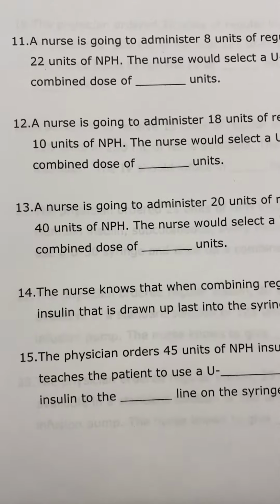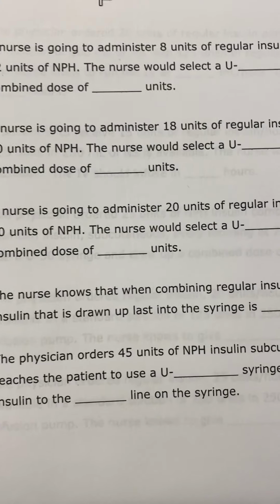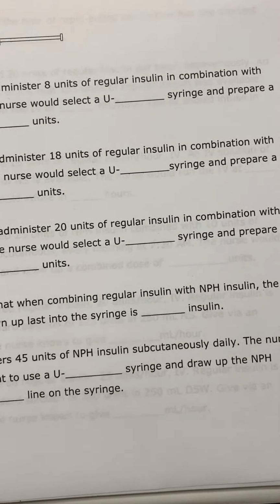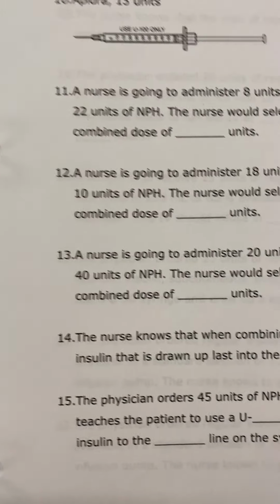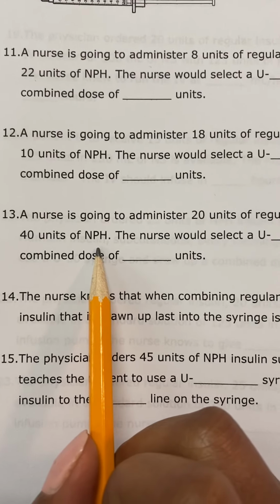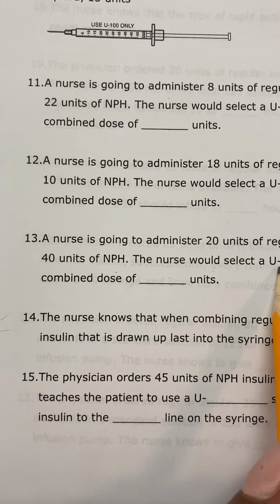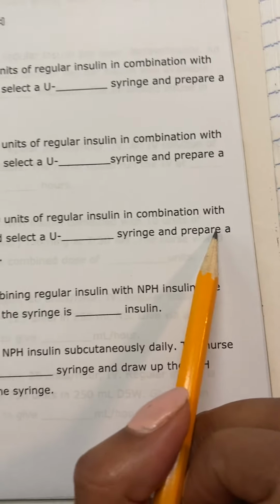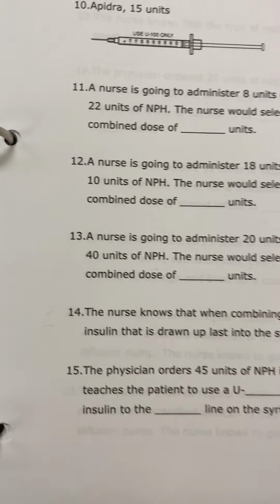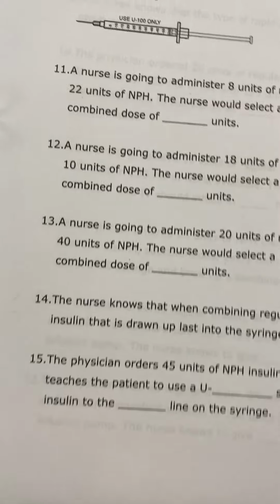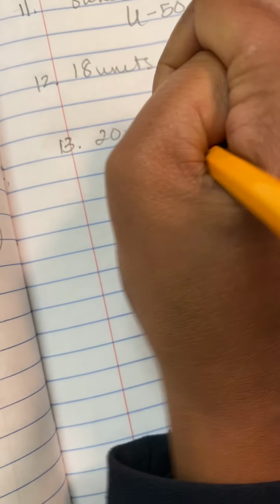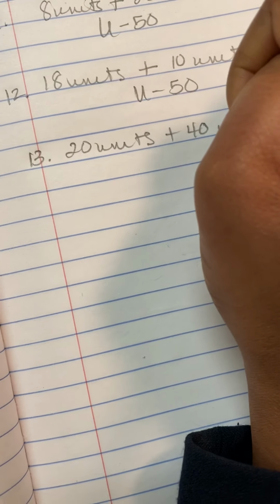For 13, a nurse is going to administer 20 units of regular insulin in combination with 40 units of NPH. The nurse will select the U blank syringe and prepare a combined dose of how many units? Okay, so for 13, we're writing that down. So it is 20 units plus 40 units.